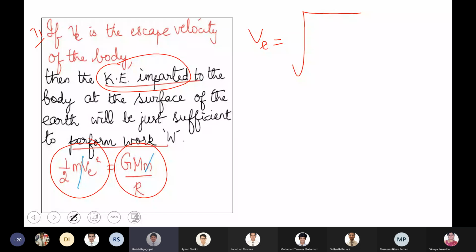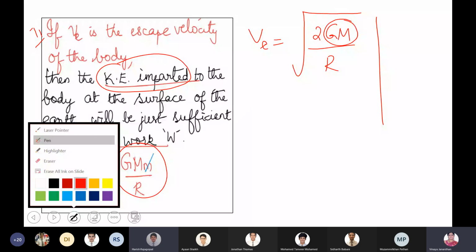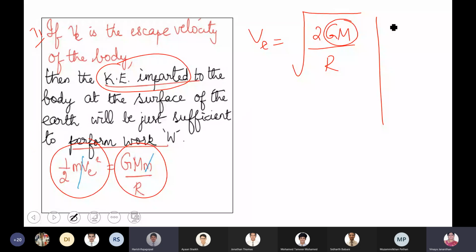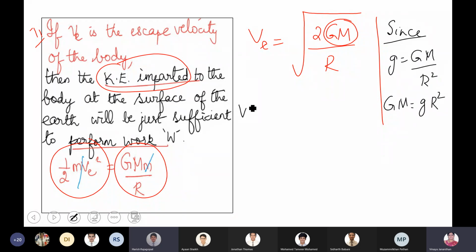Root 2GM by R. Okay. Now I want to replace GM. How will I replace GM? Acceleration due to gravity, g, is equal to GM divided by R squared. So what is GM now? GR squared. So it will be root 2gR. Correct.